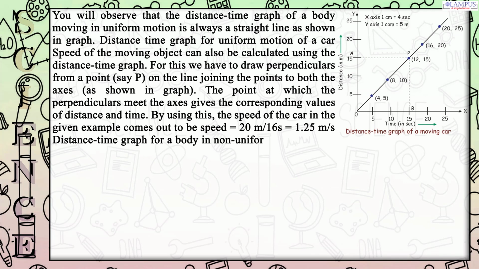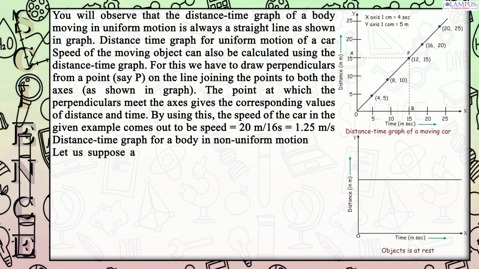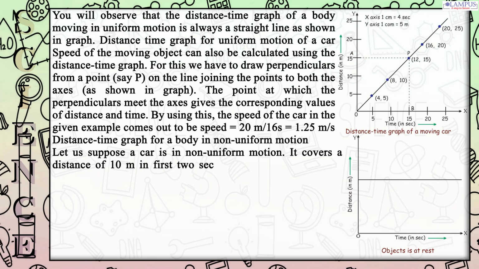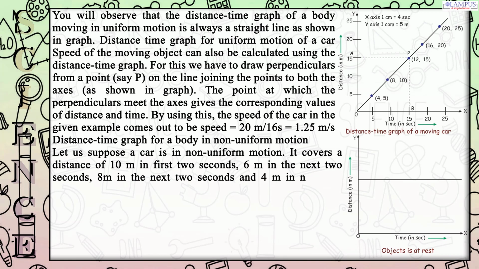Distance-time graph for a body in non-uniform motion. Let us suppose a car is in non-uniform motion. It covers a distance of 10 meters in first 2 seconds, 6 meters in the next 2 seconds, 8 meters in the next 2 seconds and 4 meters in next 2 seconds.